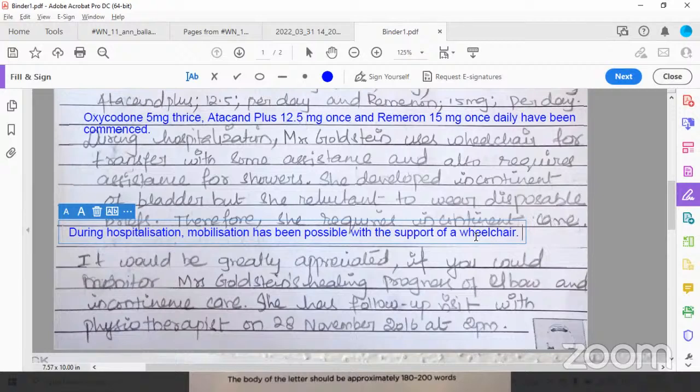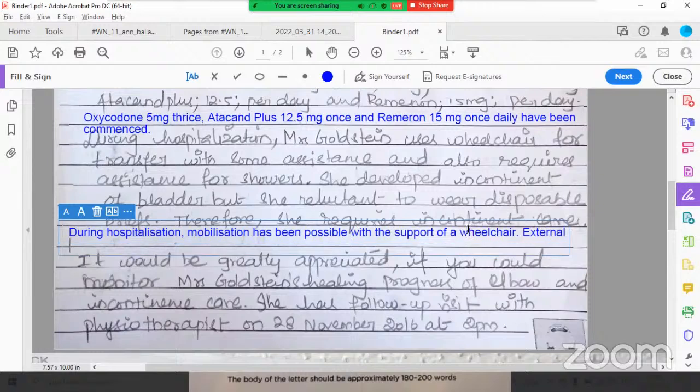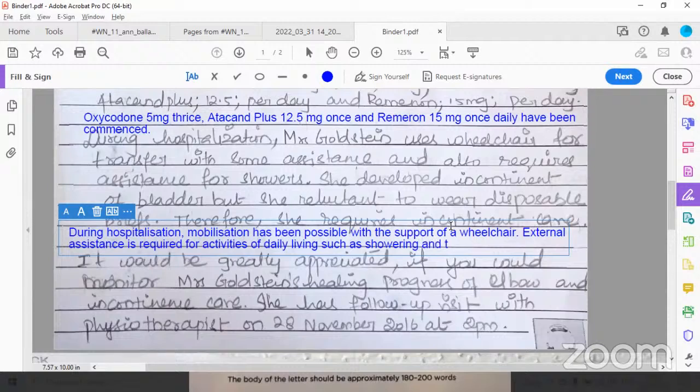So with some external assistance is required for activities of daily living, such as showering and transfers.